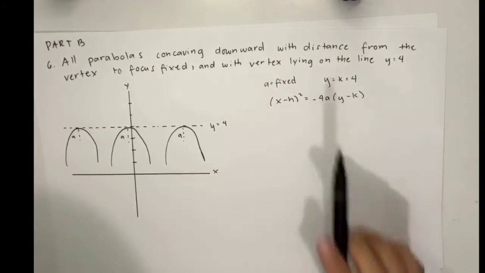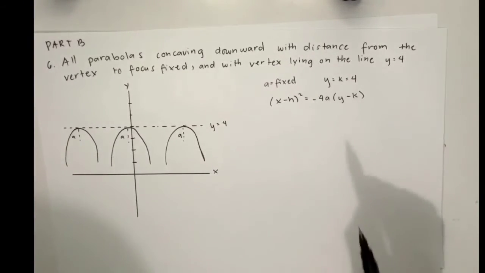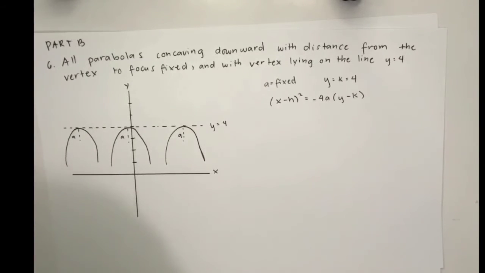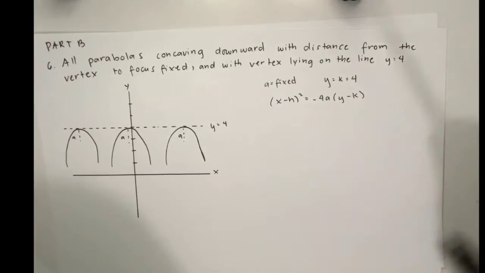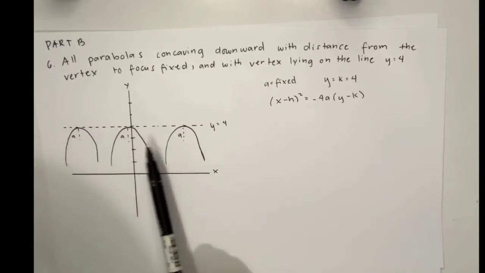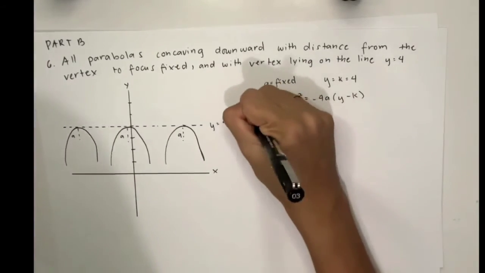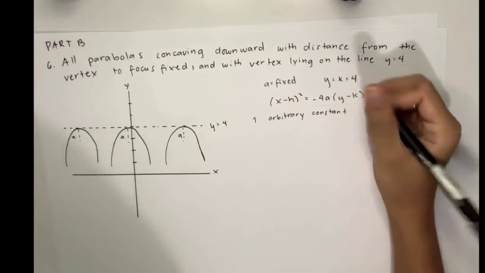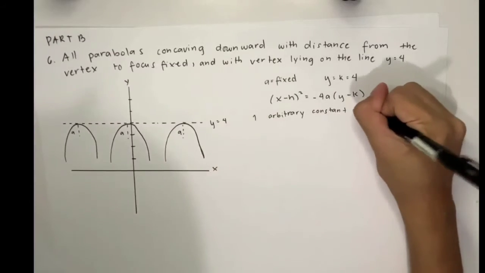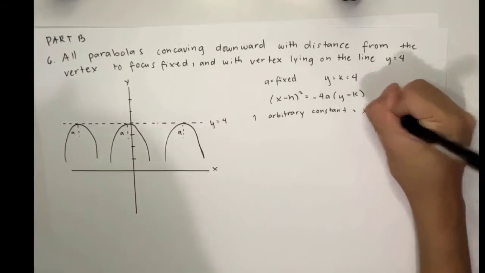Then we identify how many arbitrary constants we have. a is fixed, so it is not an arbitrary constant, and k is also not an arbitrary constant because it is equal to 4. There is no fixed horizontal position of our parabolas, so there is one arbitrary constant, which is h.